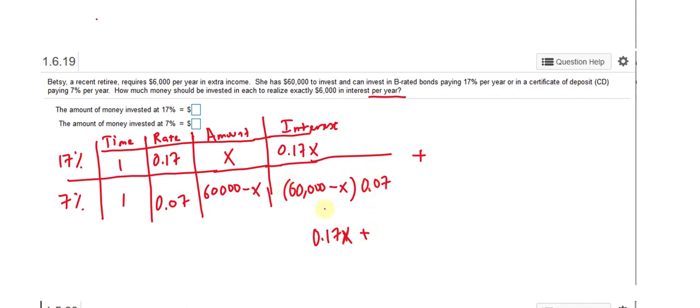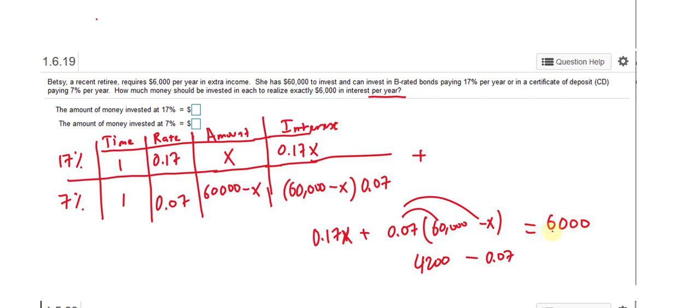I can move the 0.07 to the front: 0.07 times 60,000 subtract X, and then I can apply the distribution here. 0.07 multiplied by 60,000 gives me 4,200. Subtract 0.07X. And then we add 0.17X, because you want the interest money at the end of each year to be 6,000.